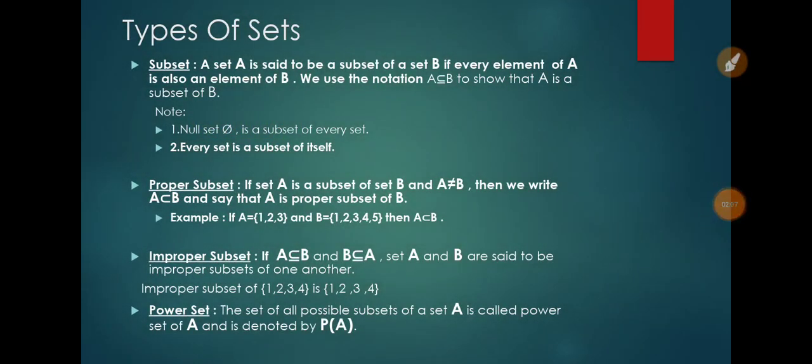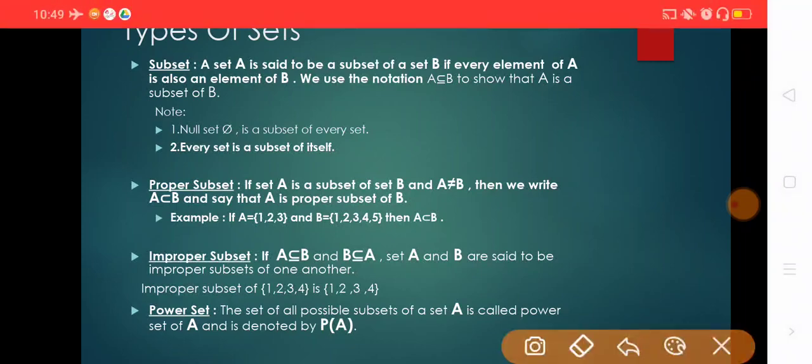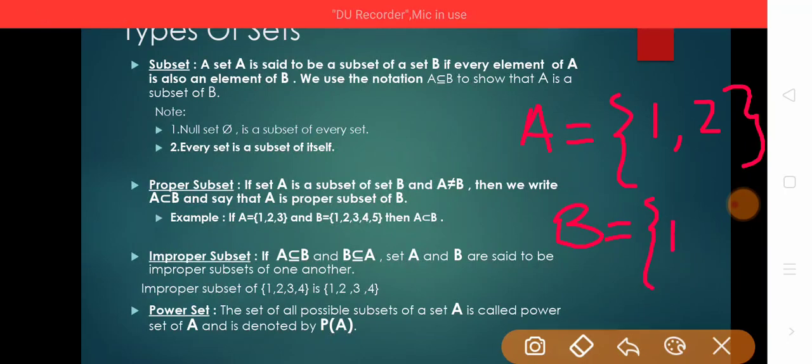Suppose I have a set A, and set A equals 1, 2, and B equals 1, 2 and 3. The elements of set A are 1 and 2 and the elements of B are 1, 2 and 3.